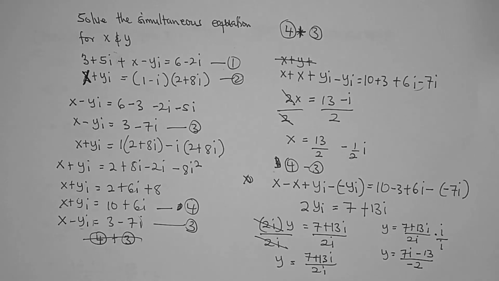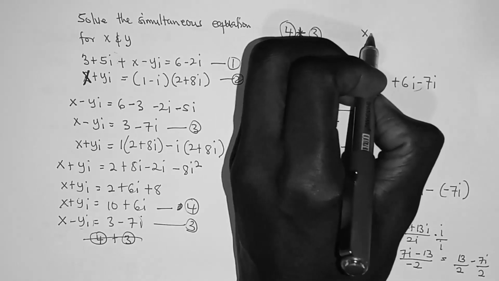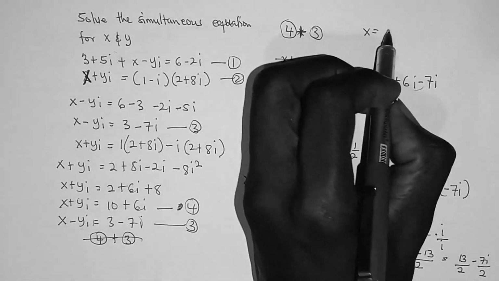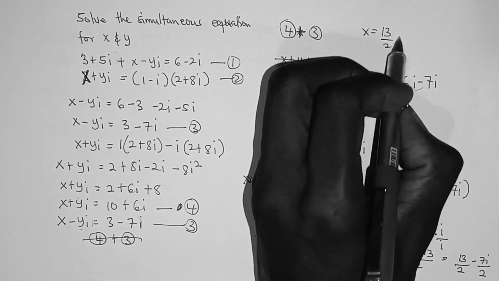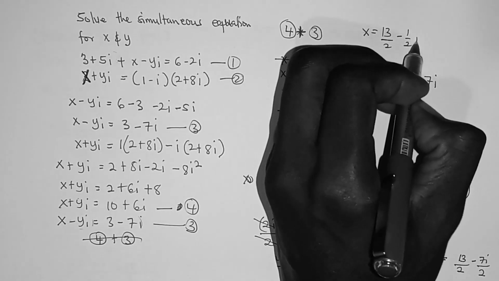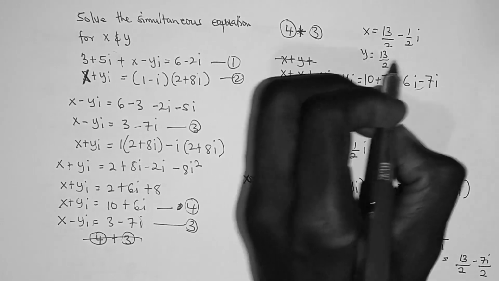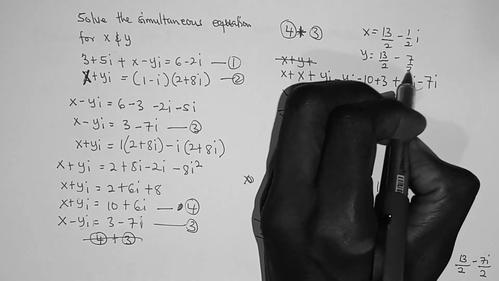So the minus can go up, and if the minus goes up, it becomes equal to 13 divided by 2, then minus 7i divided by 2. Therefore, x is equal to 13 divided by 2 minus 1 over 2i. Then y is equal to 13 divided by 2 minus 7 over 2i.